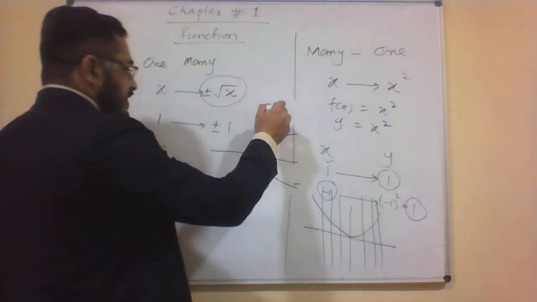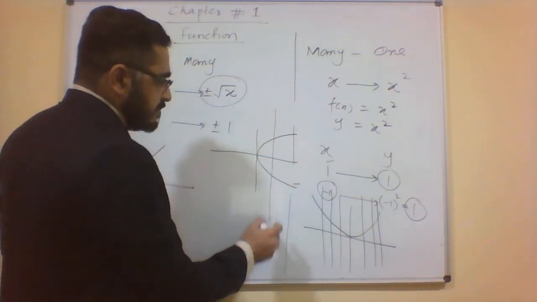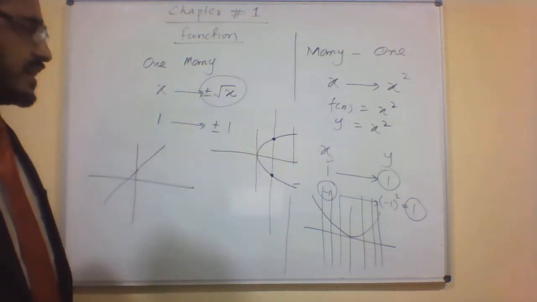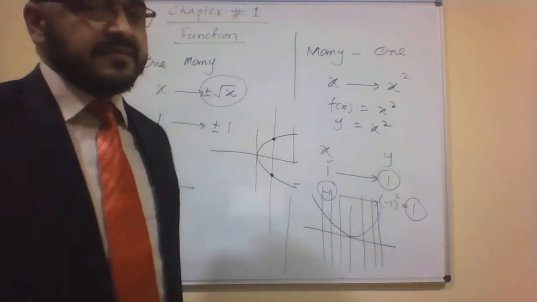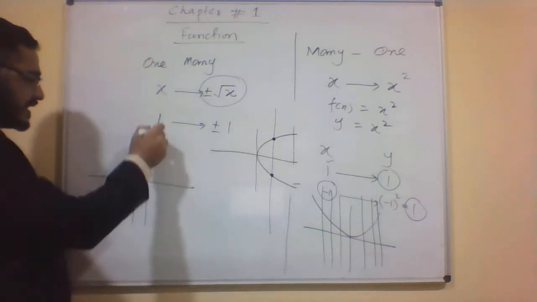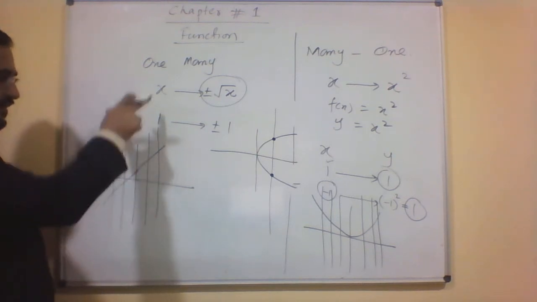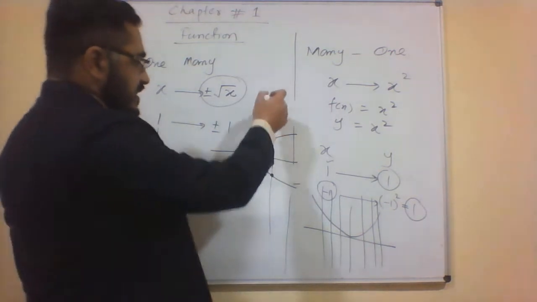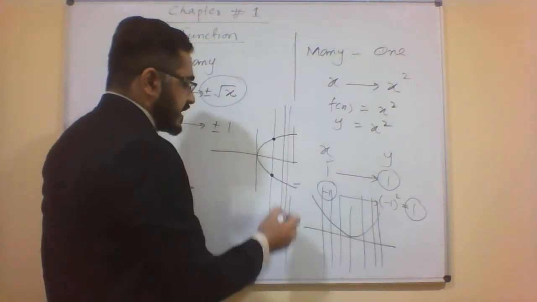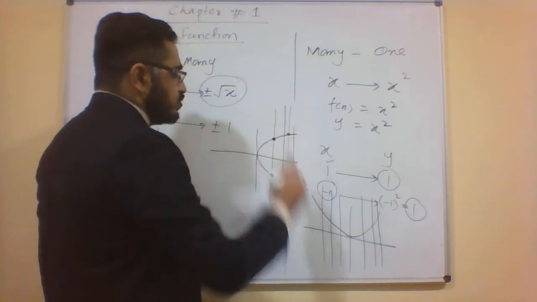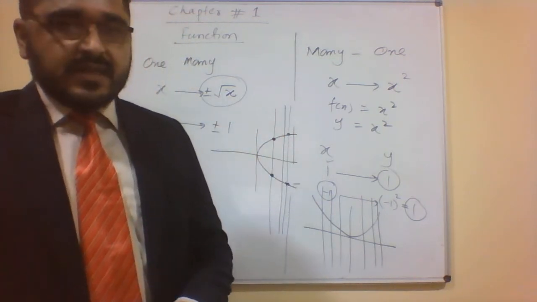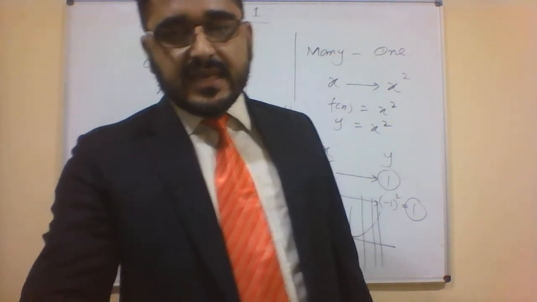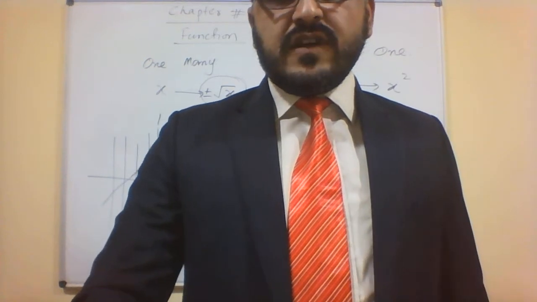If it intersects at more than one point, suppose this vertical line I am drawing here intersects at two different points, then that will not be a function. Here, any vertical line cuts at only one point, not more than one. But here, any vertical line intersects this curve at two different points. It means one-one and many-one are functions, but one-many is not a function.